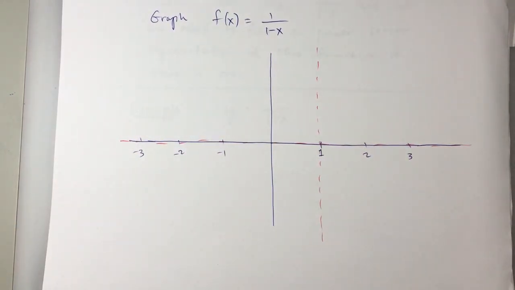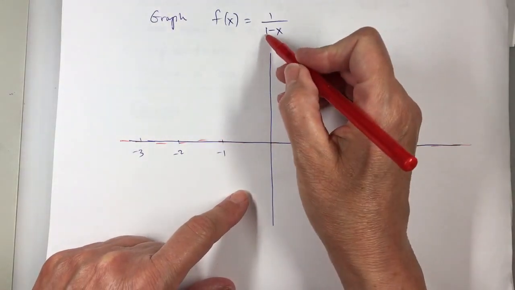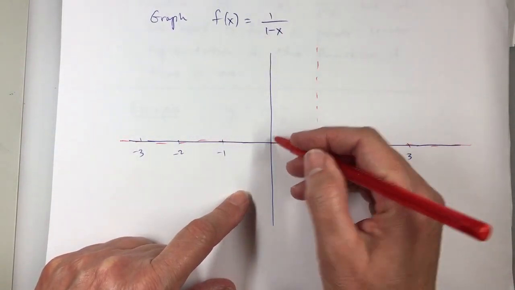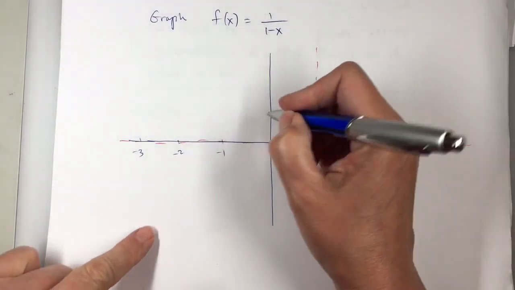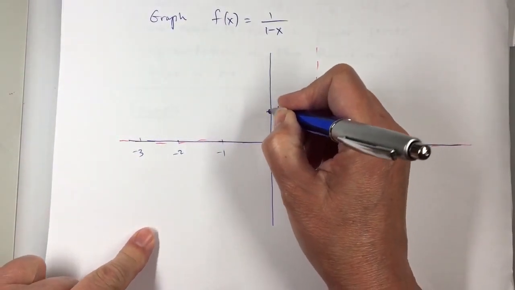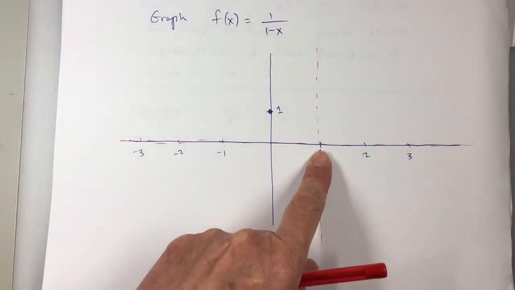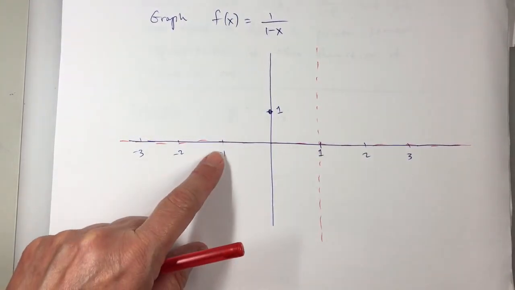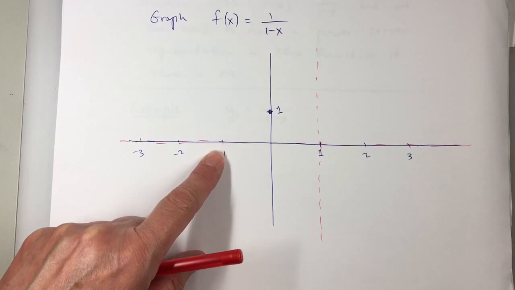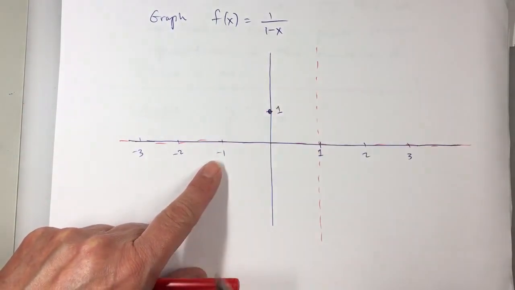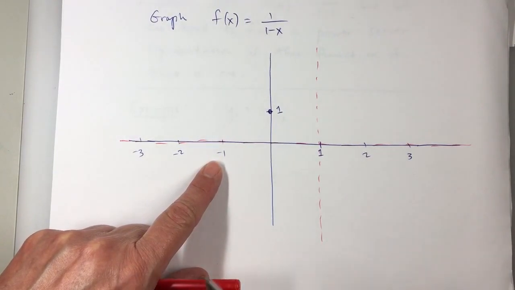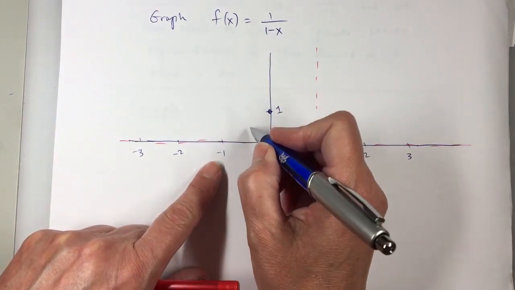The degree of the numerator is smaller than the degree of the denominator. And I guess we could pick some points. If I pick 0, I'm going to get 1. I can't pick positive 1. If I pick negative 1, 1 minus negative 1 is 2, so I'm going to get 1/2.